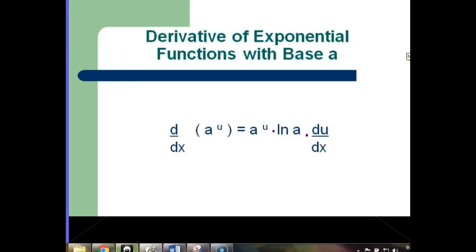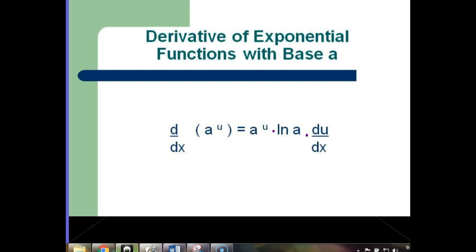Okay, so the log kind of hints at a to the u in a way too. So we sometimes need to take the derivative of a number to a function. This is a manipulation of e in a way. So the derivative of e to the u is e to the u times u prime. The only thing being added in is this ln of a.